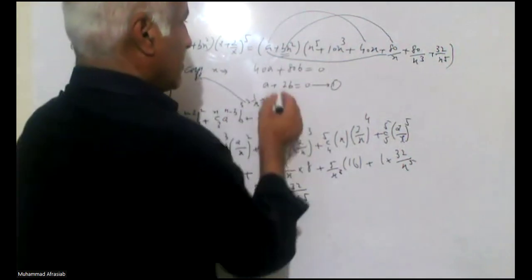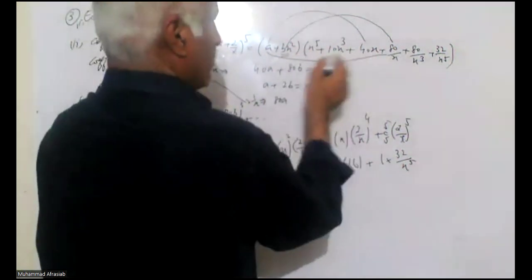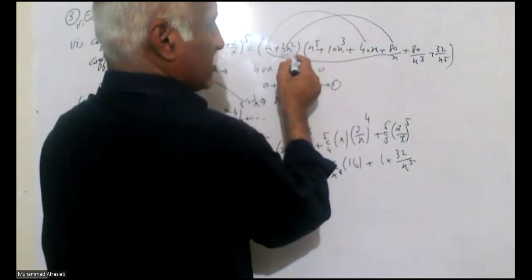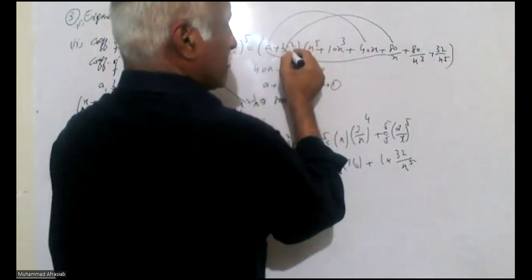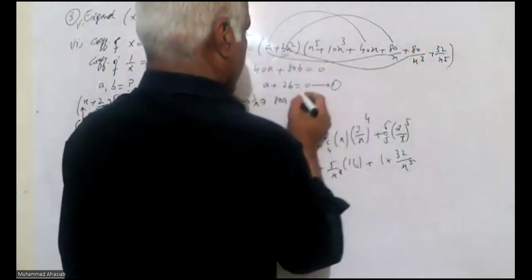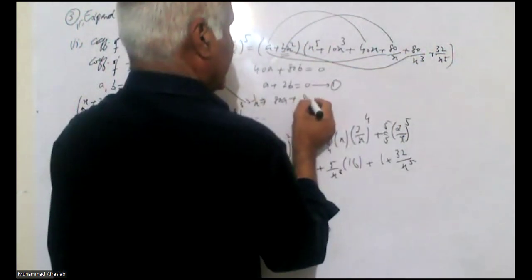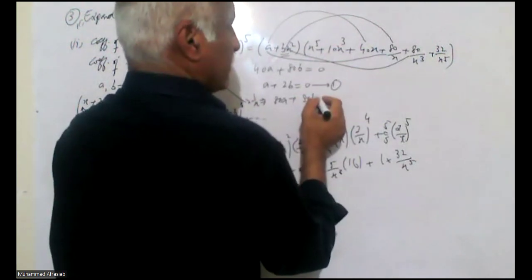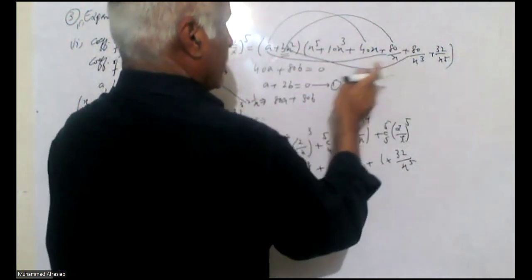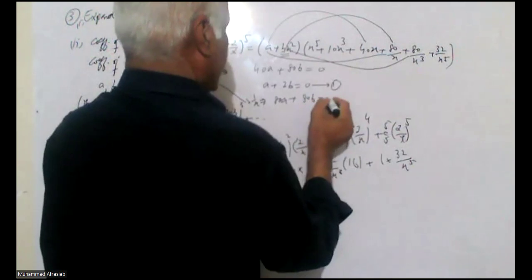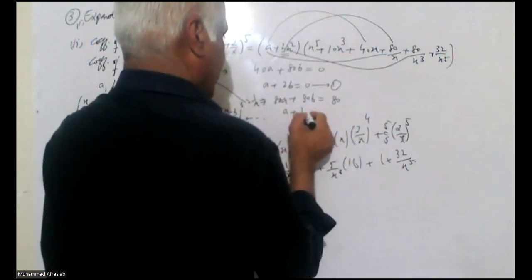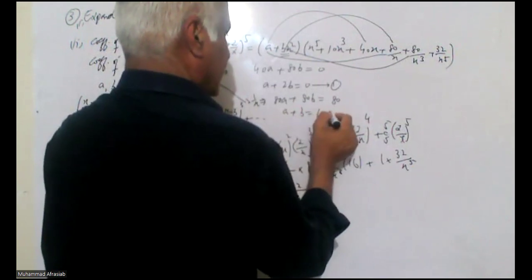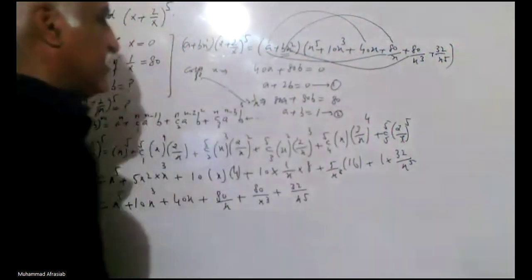Then bx^2 is going to be multiplied by this 80 over x^3, so it should be 80b over x. So 80a plus 80b is equal to 80, or a plus b is equal to 1. Let's say equation number 2.